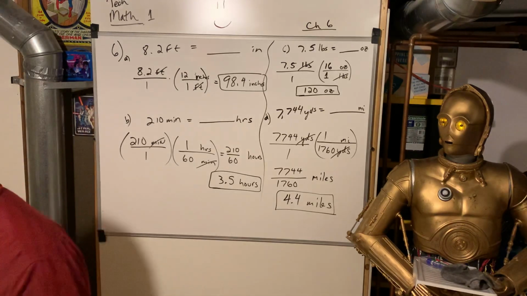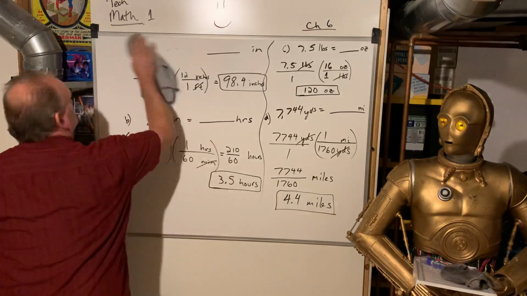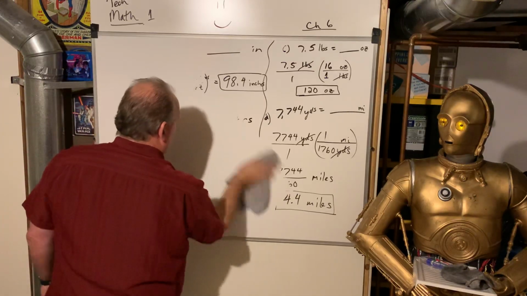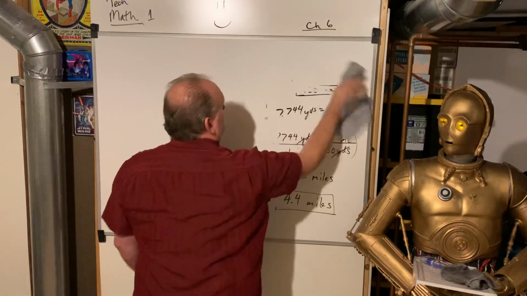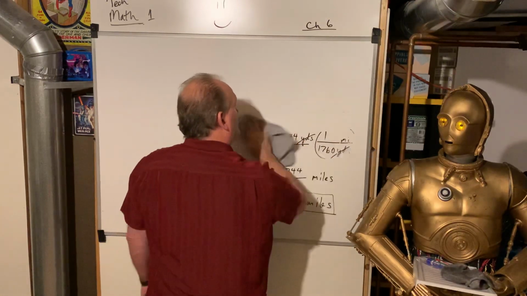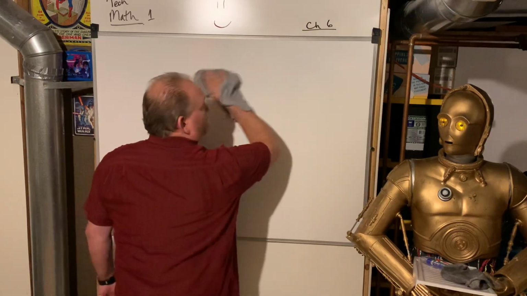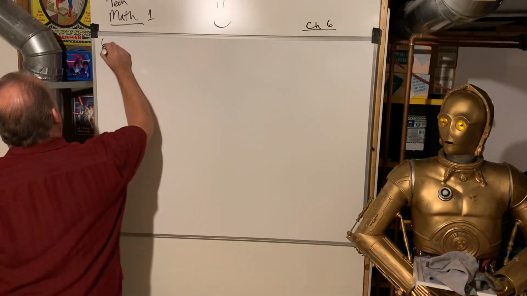Let's jump into the metric system at 6.2. So the metric system, 6.2, is different.